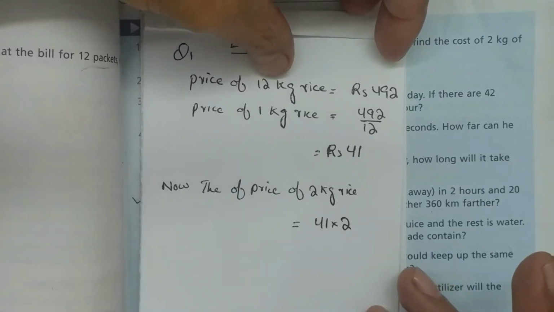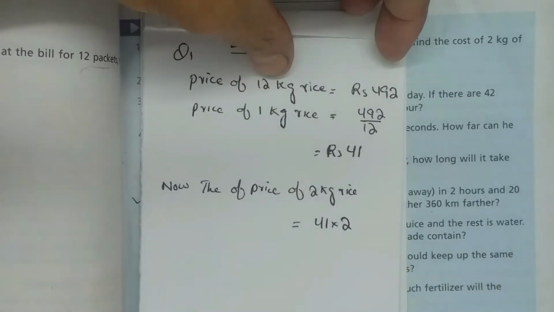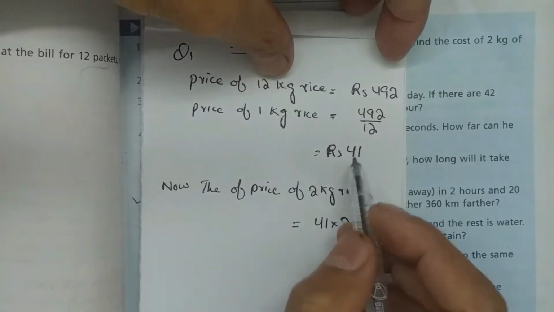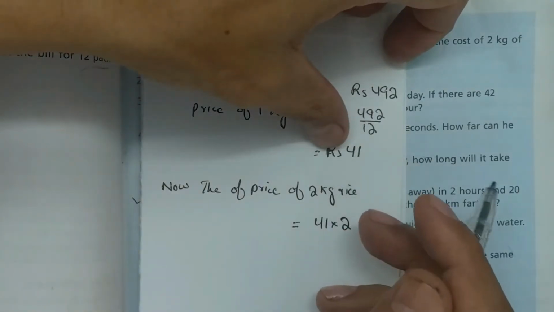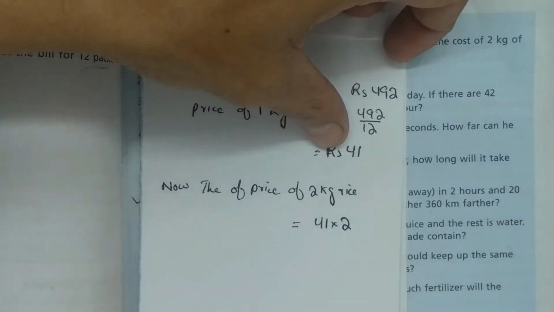If you have to find out the price per 30 kg, what will you do? Then you will add 30 times 41. That will be difficult, na? The easy way is for 2 kgs, 41 plus 41, even for 3, 4, 5 kgs. But for more kgs, that will become very difficult. So that's not the proper way.